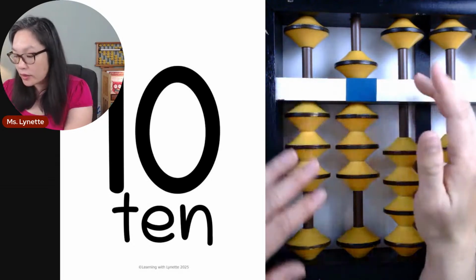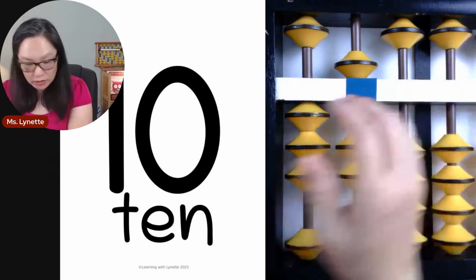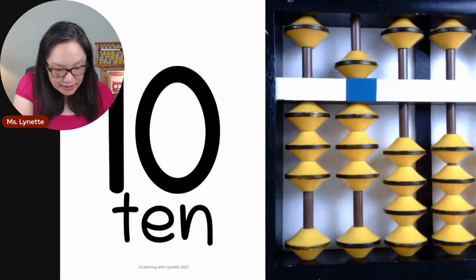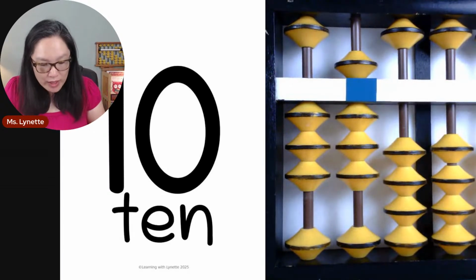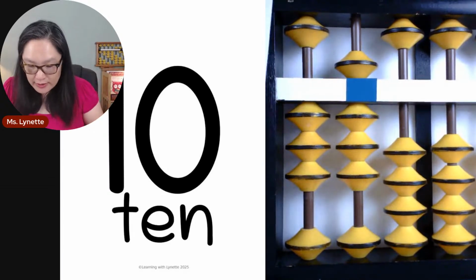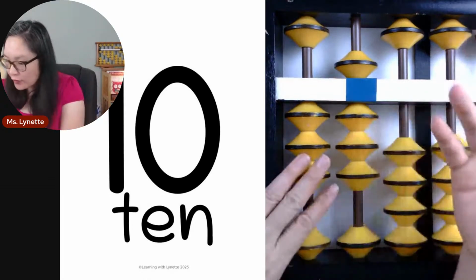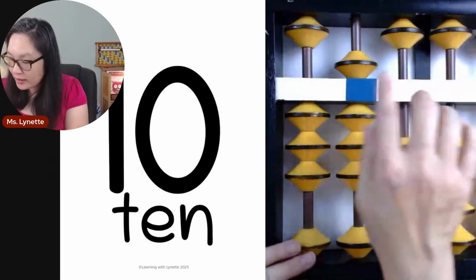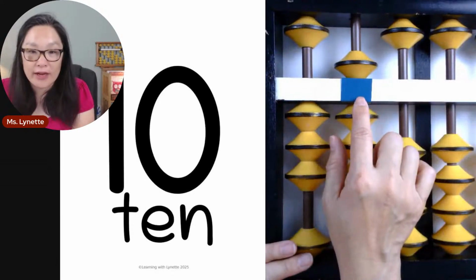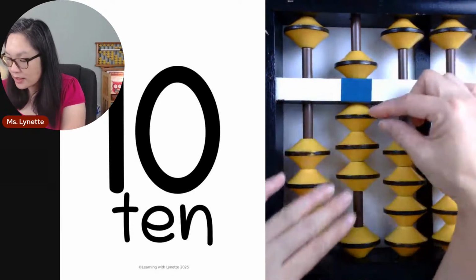So knowing this concept, let me see if I can find my notes. Knowing this concept, we can actually start looking at numbers, right? So let me go back. This is my ones value, right? So if I counted my ones, it is here.